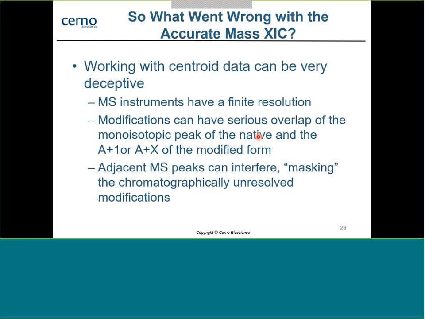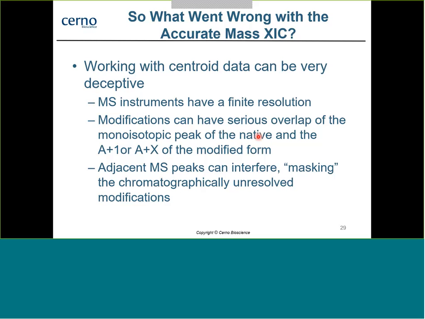So what went wrong with the accurate mass XIC? The things to think about is that working with centroid data can be very deceptive, and we're going to look at that a little bit. It's important to understand that the mass spec instruments, although on the screen we see single lines that represent mass positions, actually have finite resolution, okay, as we see when we measure the raw spectrum, for example.